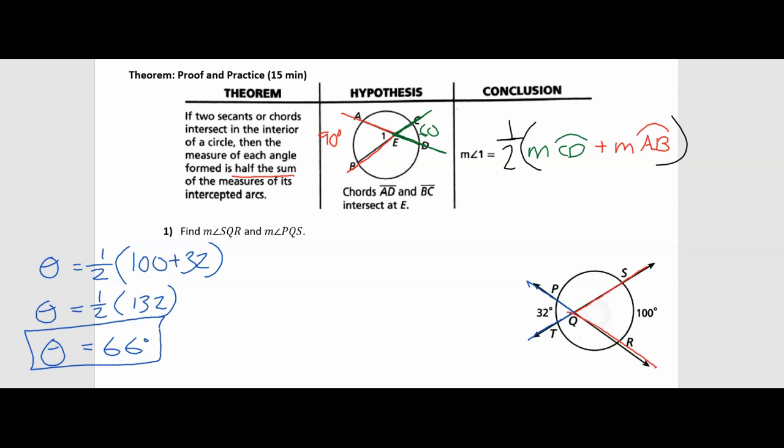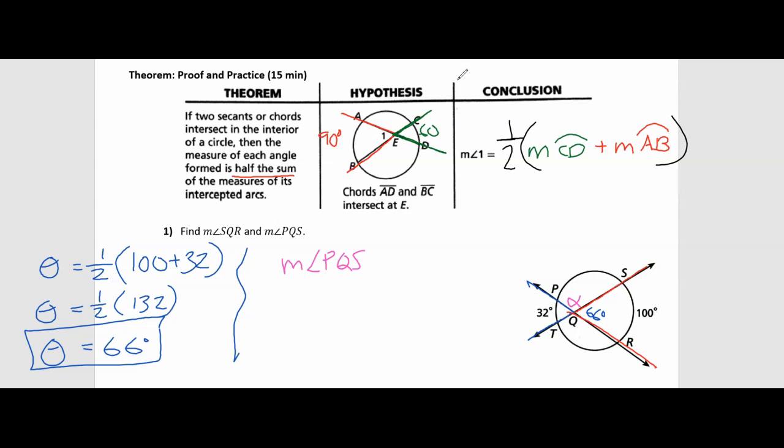If theta is equal to 66 degrees, does that help us figure out the measurement of angle PQS? Let's call that alpha. You know, I like to use some Greek letters for angles. Well, alpha and 66, what's the relationship between those two?